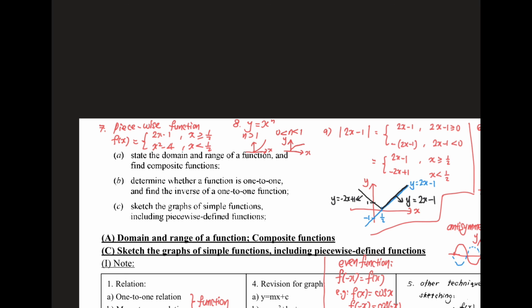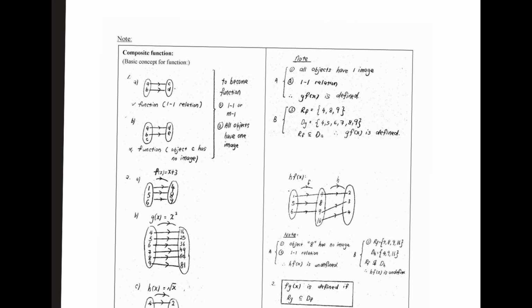So I have to say that we are done for this second page. Okay, now let's look at the third page of the notes, composite function, basic concept for functions. So first of all, if you see 1a, this one we discussed before. At that time I said that one-to-one relation is a relation for functions.